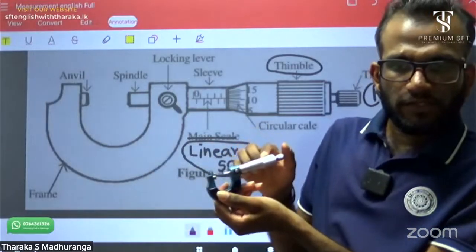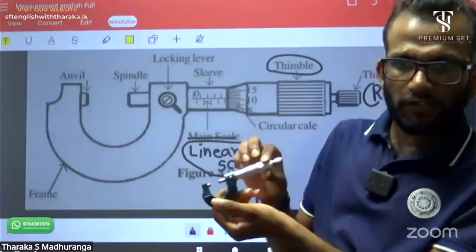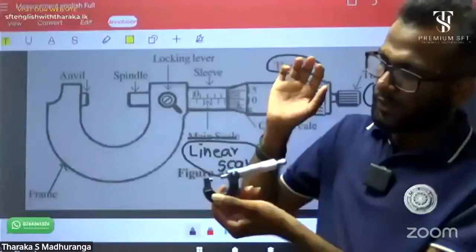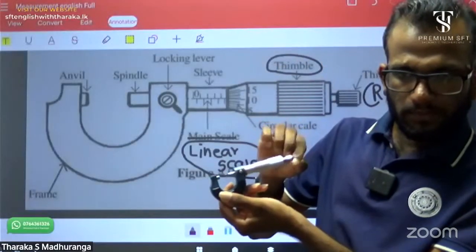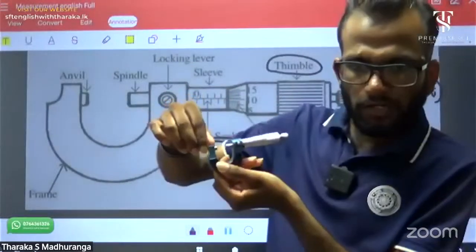What is the name of this rough surface? Thimble. Very good. The final one? Thimble head or ratchet. Very good. This one? Anvil.